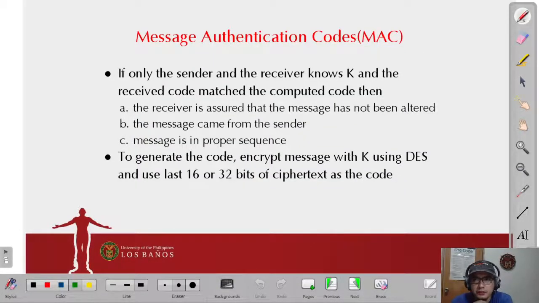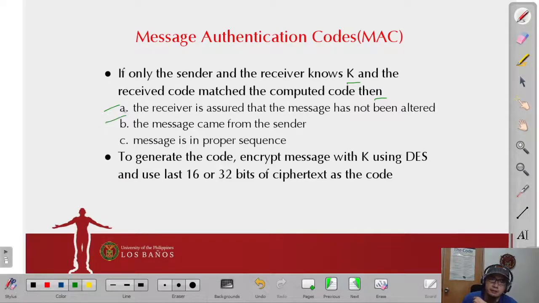So for message authentication codes, if only the sender and the receiver know K, then the receiver is sure that the message has not been altered, because otherwise it will generate a different MAC, or tag, at the receiver end.